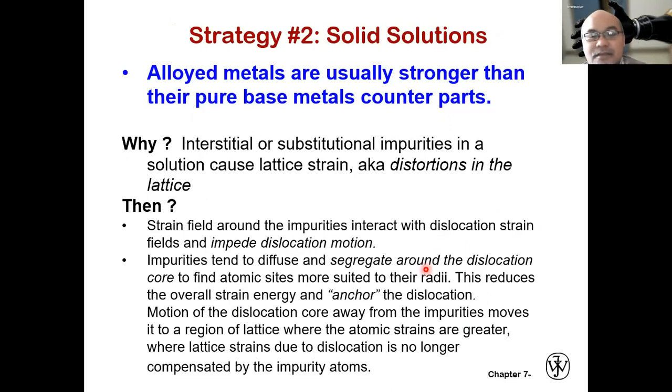So alloyed metals are therefore usually stronger than their pure base metal counterparts. For example, normal iron, just iron, is usually weaker compared to steel, stainless steel. Stainless steel is iron which has been diffused with impurities such as carbon and chromium atoms.